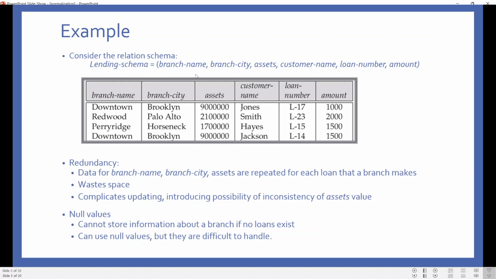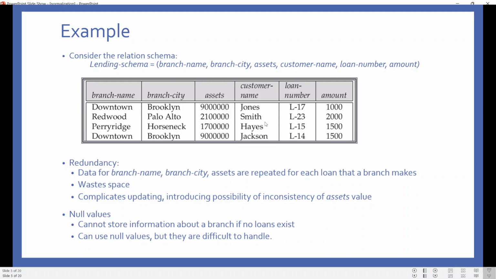In this relation, in branch name, we can see that Downtown is there, then Redwood, then Perry Ridge, then again Downtown. The branch city is Brooklyn, Palo Alto, Horseneck, and Brooklyn. So you can see that the branch name is repeating, even the customer name is there, and the branch city is repeating.